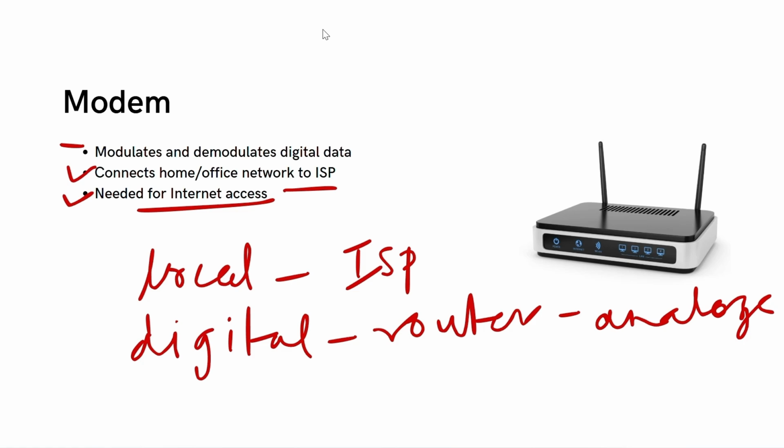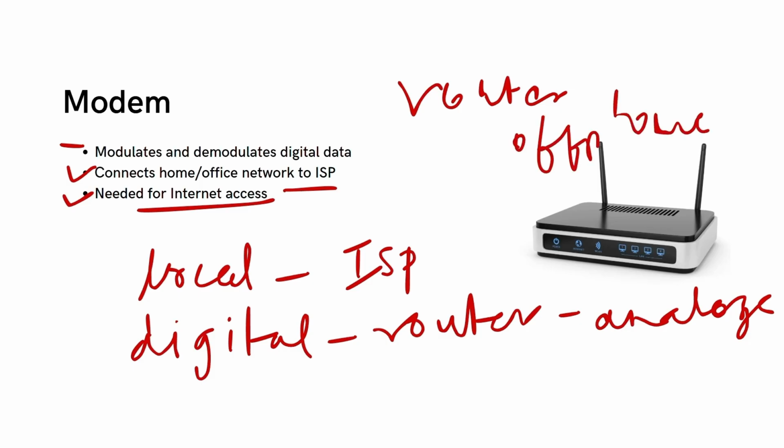It is often combined with a router in home setups, and we use a modem at every entry point of the internet of your home and offices. So at all the entry points of the internet in homes and offices, we use a modem. Modem stands for modulator and demodulator. I forgot that at the start.